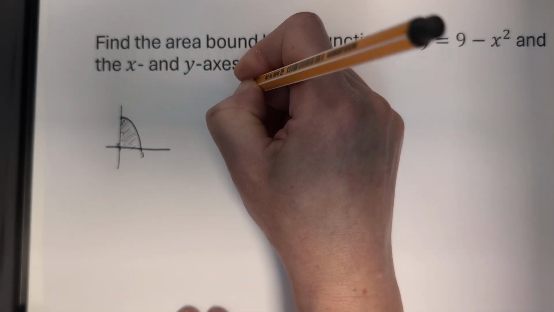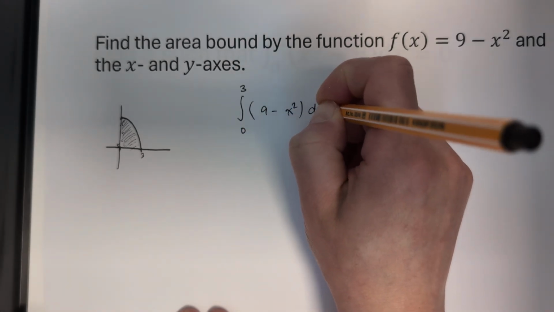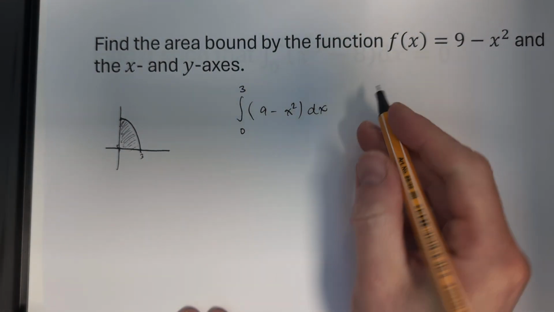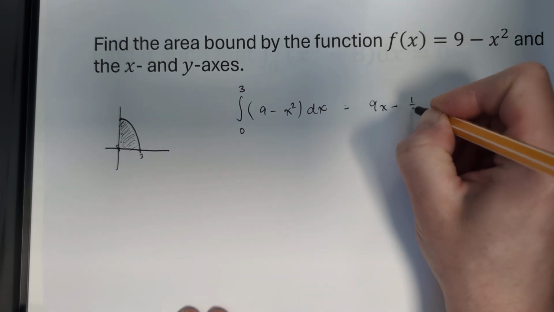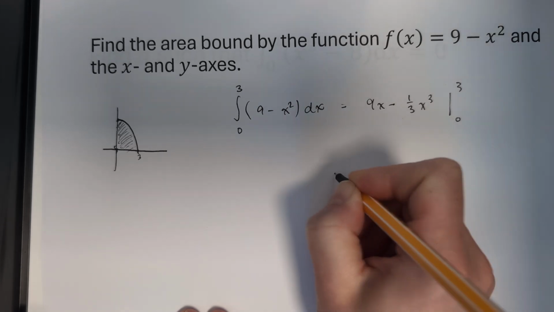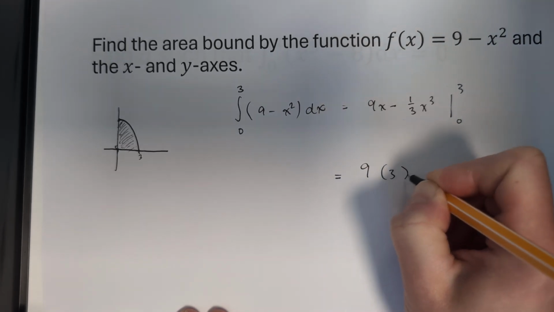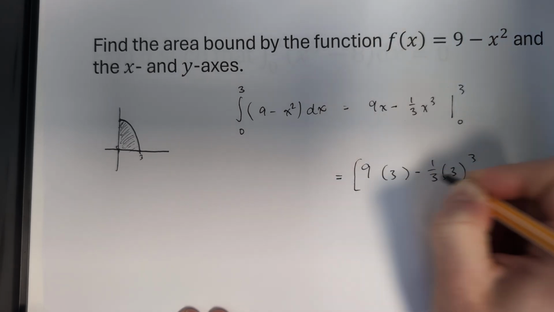We want to find from 0 to 3 from our function dx. Find the antiderivative of it, 9x minus 1/3 x cubed from 3 to 0. 9 times 3 minus 1/3 of 3 cubed.